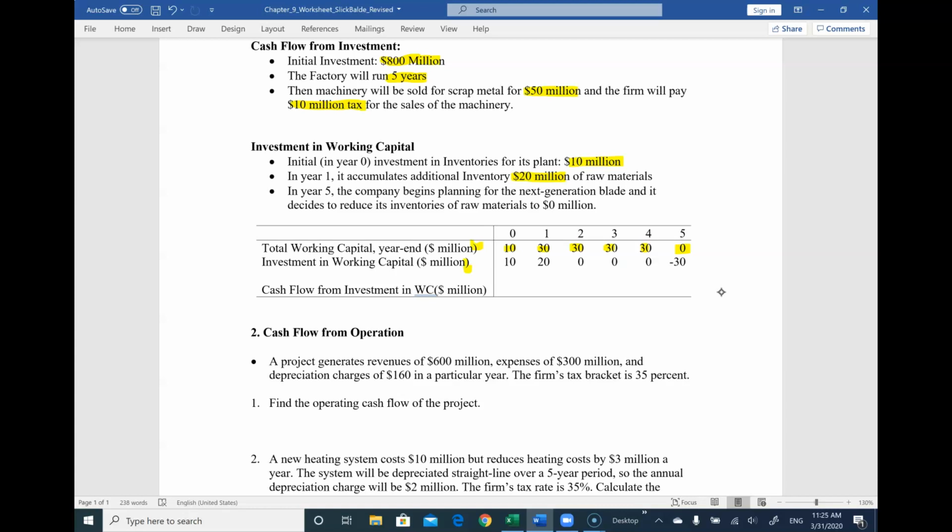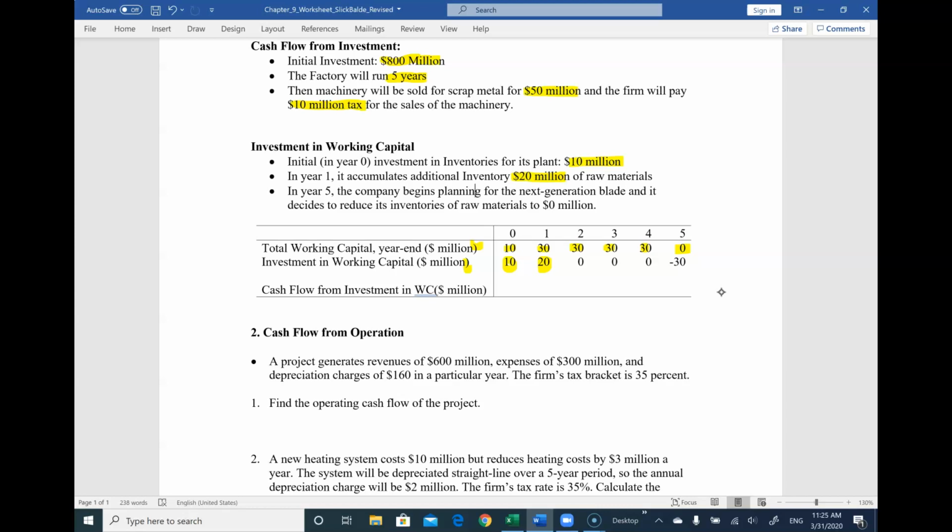In year 0, the working capital inventory has gone up from 0 to 10, so this is the change. Between year 0 and 1, the inventory goes up from 10 to 30, so the increase in the working capital is 20. Between year 1 and 2, 2 and 3, 3 and 4, there is no change in the working capital. So the change is 0, and because of that, the cash flow from the working capital is also 0.